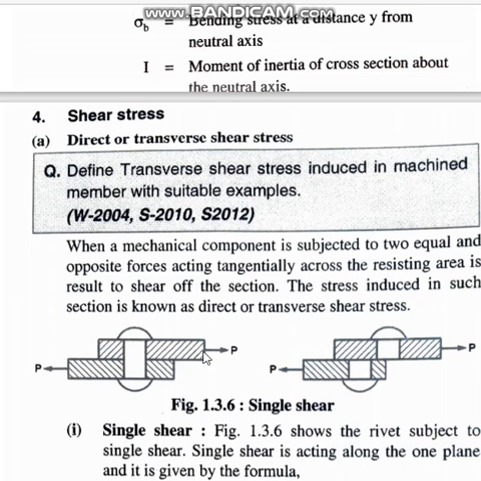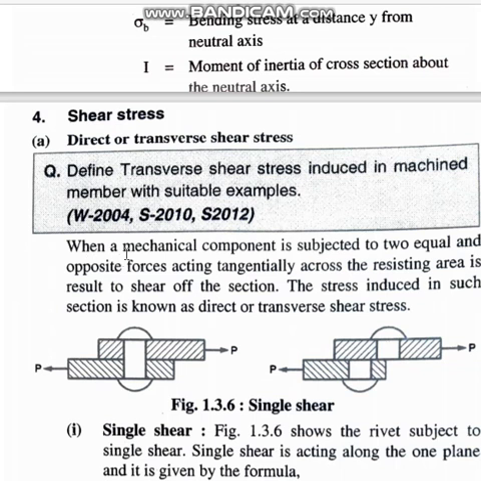If the force keeps on increasing, at one stage this rivet in the center may cut off, that means shear off, and this joint may fail. Fail means break into two. As shown in the figure, the rivet may shear off in the middle, and the joint will fail. Such a thing is called shear failure.